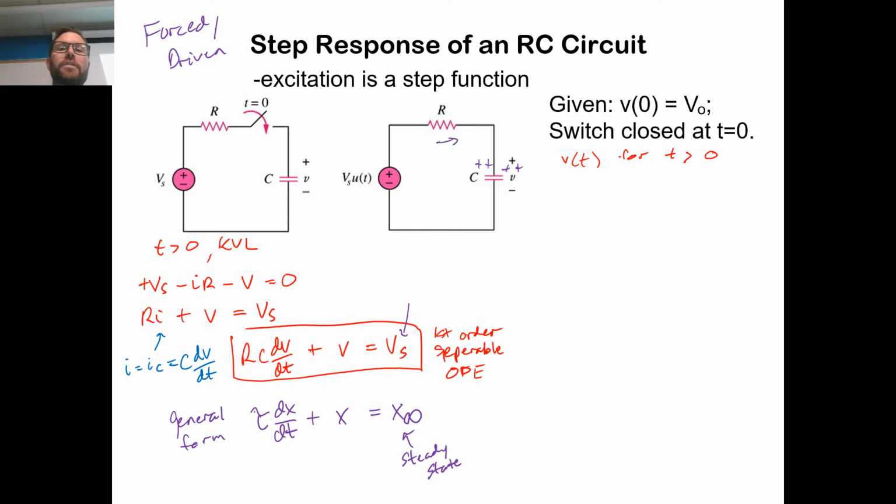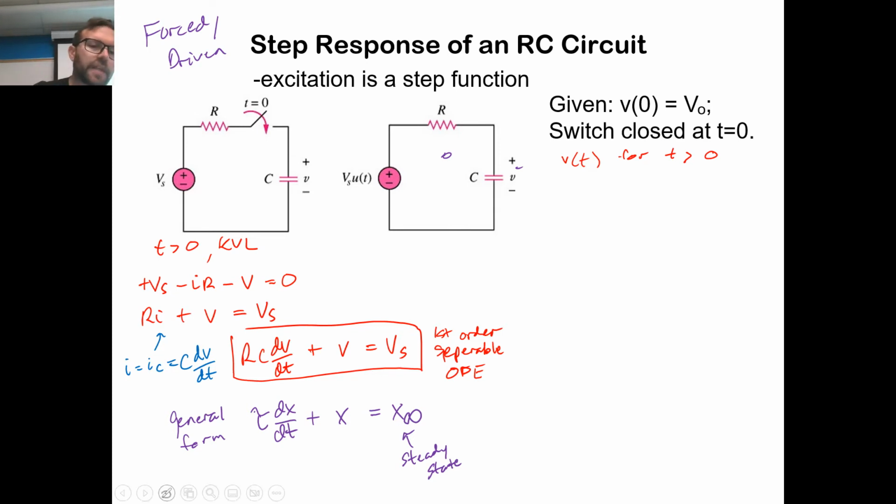I drops to zero, then the voltage across the resistor drops to zero, and this node here is pulled up to value Vs, the final voltage across the cap. So all to say, we're seeing that show up in this form. The general form is the final steady state value.